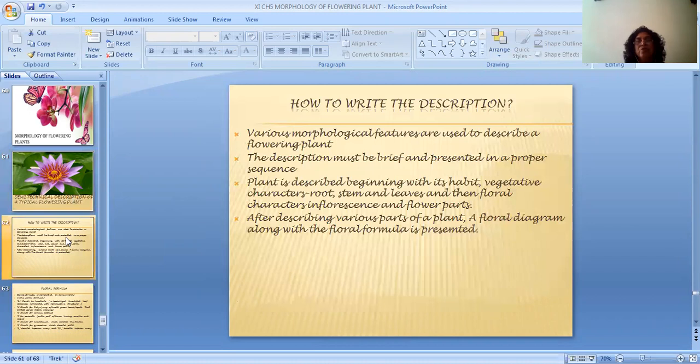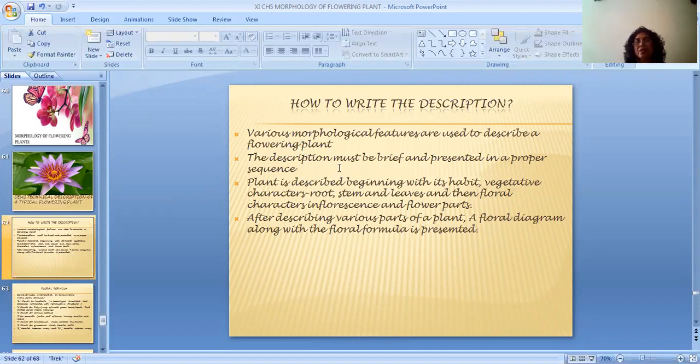Let us see how we should describe a flower, how to write the description of a plant. While writing the description of a plant, various morphological features of the plant should be described.